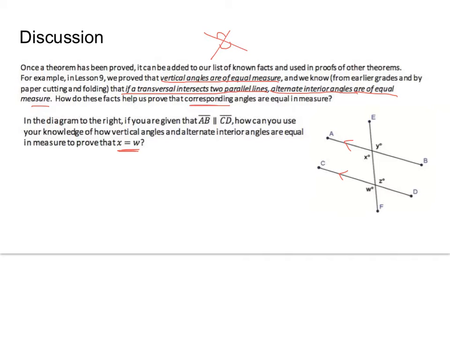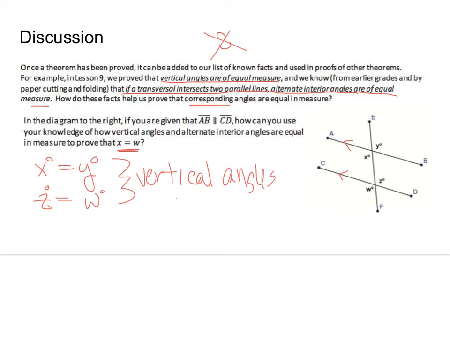So when I get to a proof where I don't know where to start, I just start writing down what I know. So I know that angle X is equal to angle Y, and angle Z is equal to angle W. And I know this because they are vertical angles, and they are equal in measure.